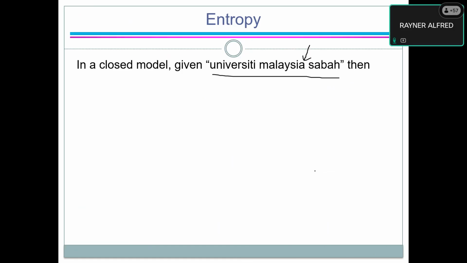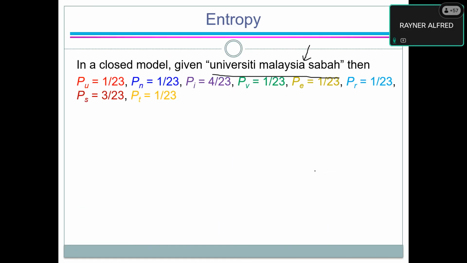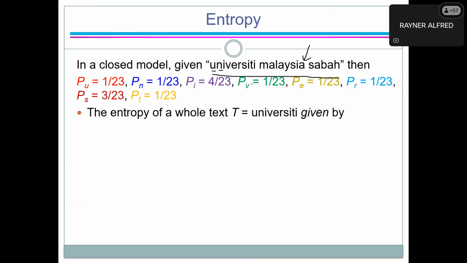From here, we have U, N, I, V, E, R, S, and then I we already have, and then we are missing M. This is only for "university". We look at this one only.